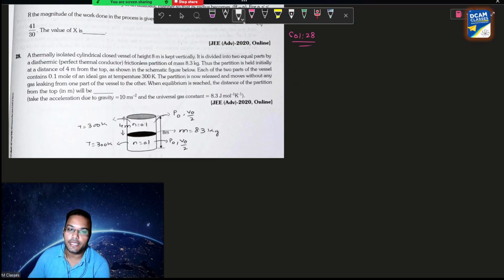The temperature was the same throughout the process. So after the partition has moved by a distance x downwards, now let's say it has come here.